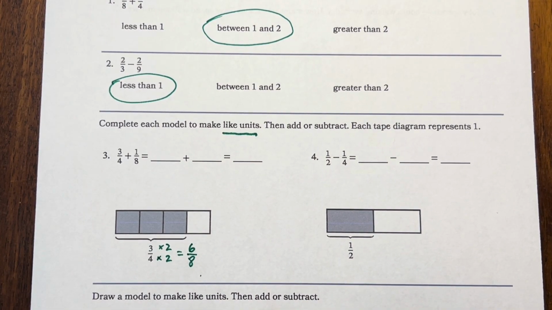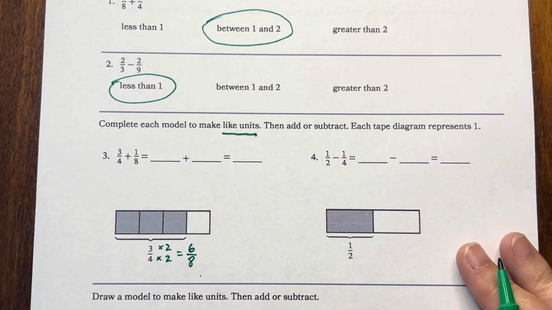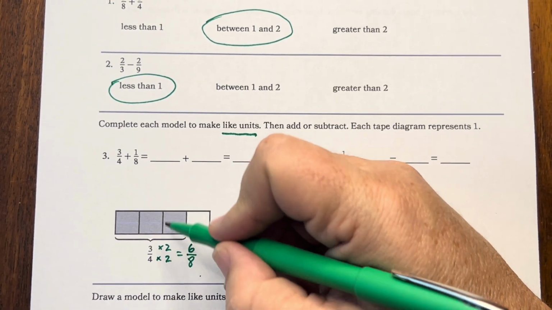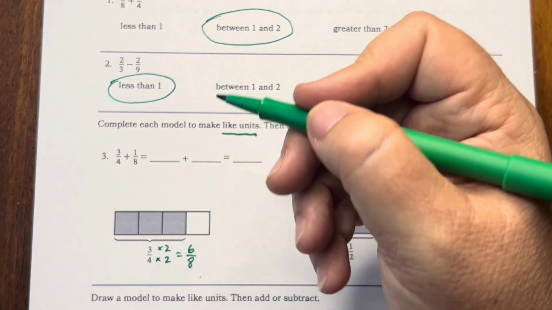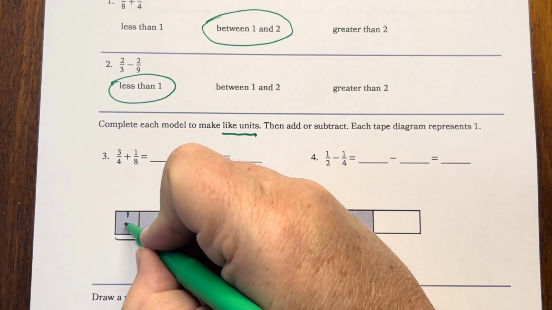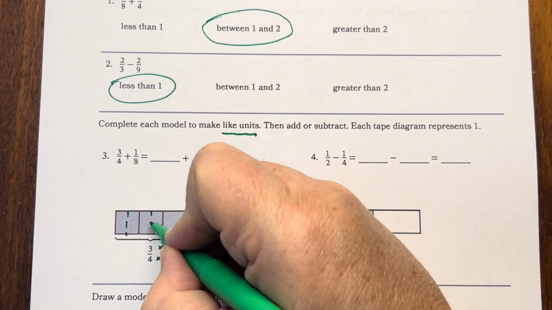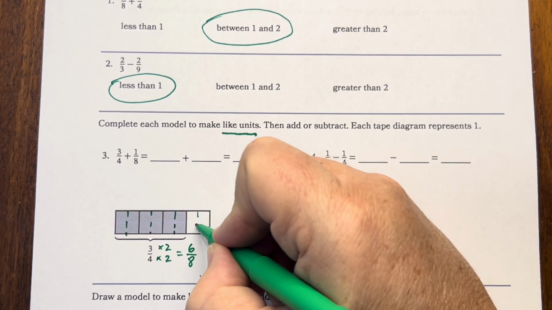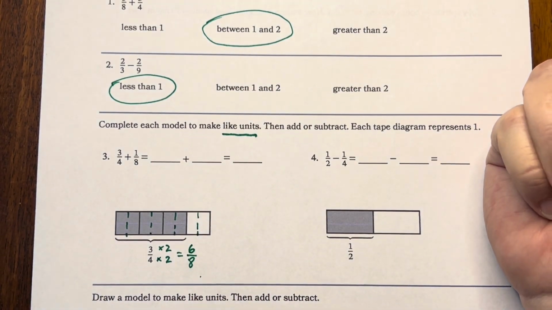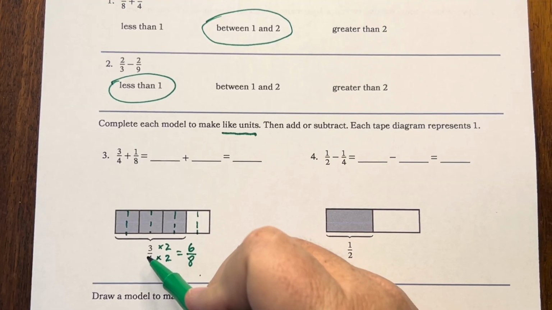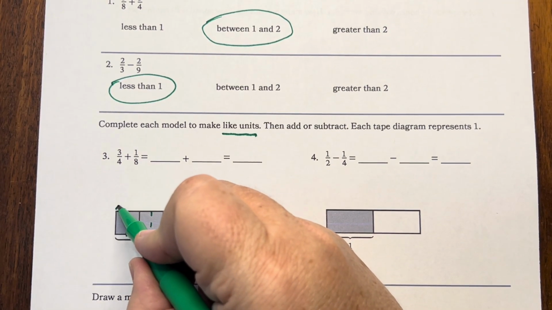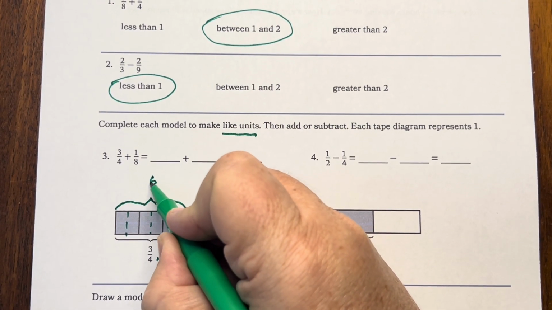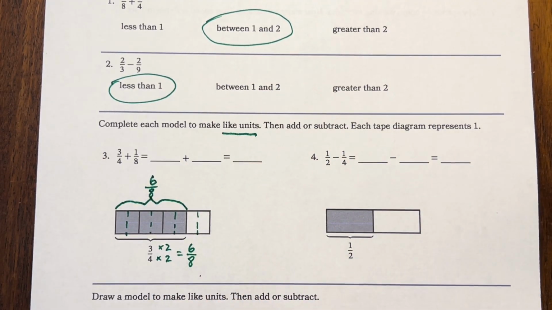So how could we represent that or show that on our model? Well, if I'm multiplying by 2, it's like cutting these in half. Okay, so let's draw some dotted lines here. So we can see that 3/4 is the same or equivalent fraction to 6/8.